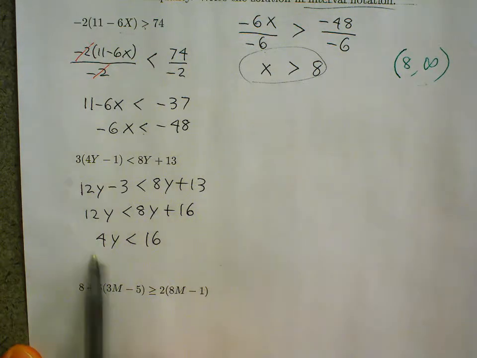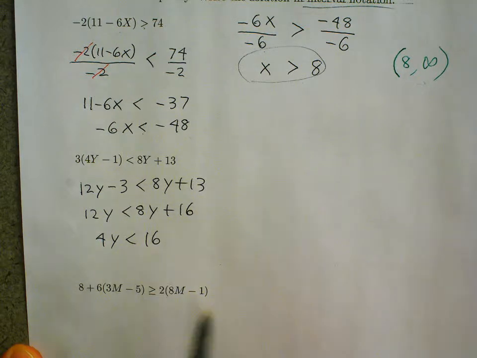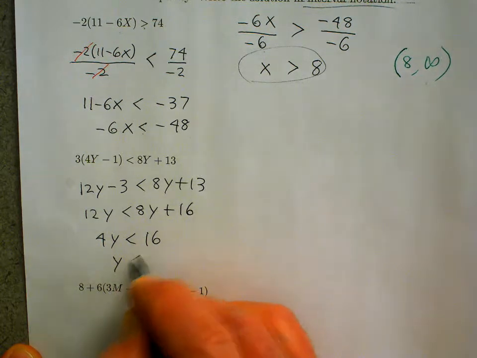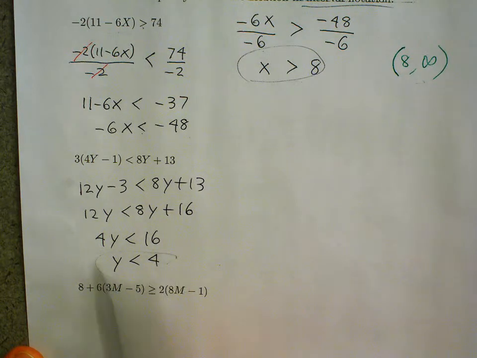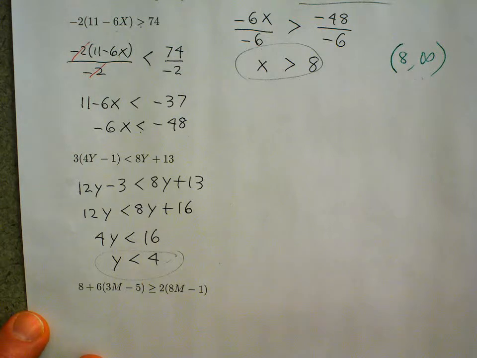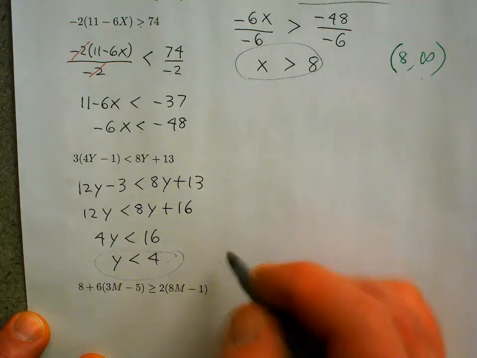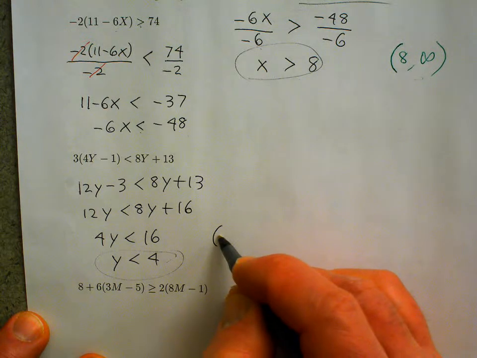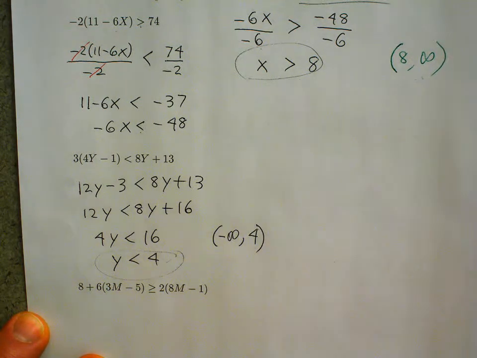And then lastly, divide both sides by positive 4, and we get y is less than 4. Y is less than 4 is the algebraic notation for the solution. And the interval notation is parenthesis negative infinity, comma, 4 parenthesis.